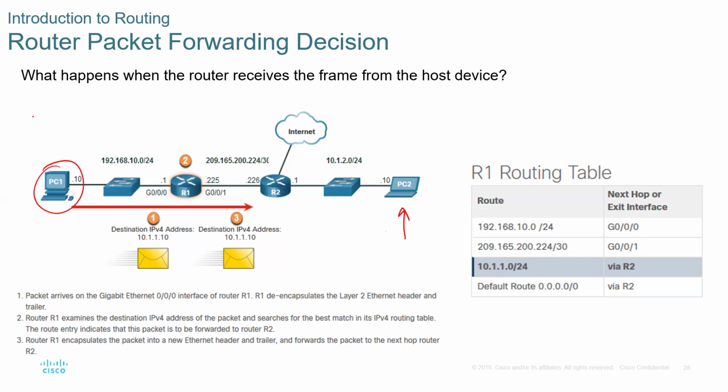From this PC, we go from the application to the physical. Physical, it goes to the layer 2 switch. From the layer 2 switch, we de-encapsulate from the physical to the data link. Then it goes back to the physical, re-encapsulation. Then it gets transmitted.